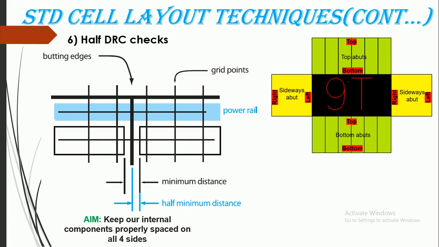So I will place metal 1 at half DRC properly from here. When the top upper cell is placed next to it, if my metal is not following half DRC from here, then we will get an issue, because the top upper cell has proper M1 half DRC spacing, but this cell does not have half DRC spacing from the PR boundary.